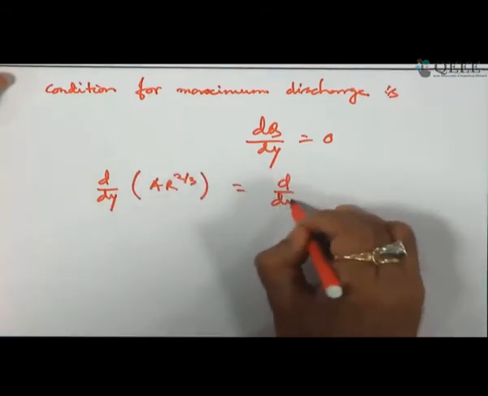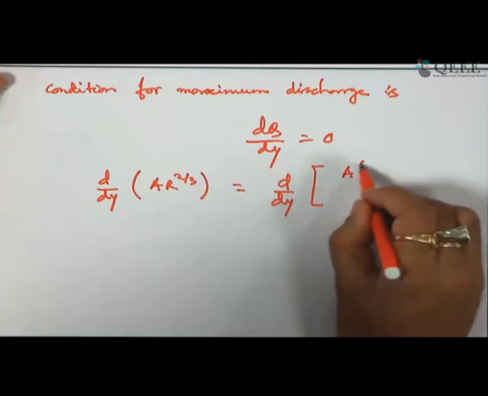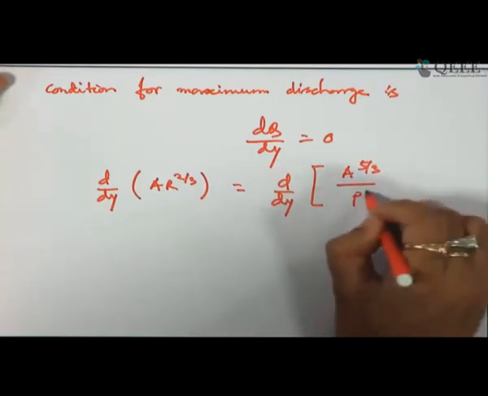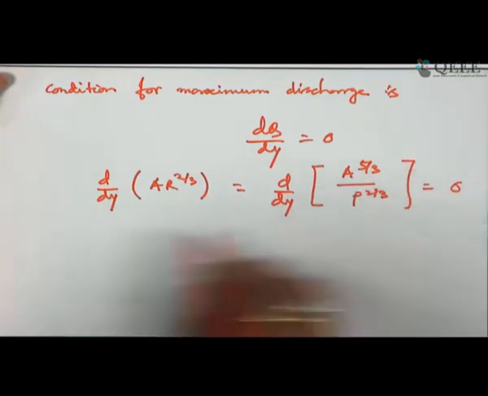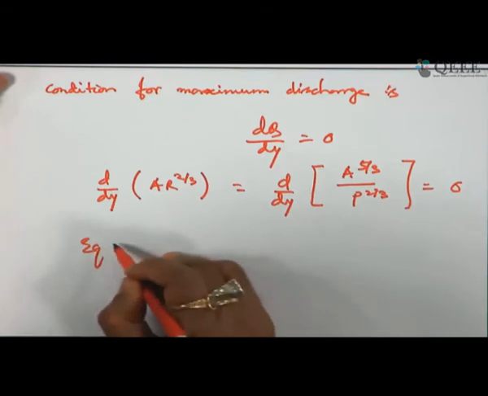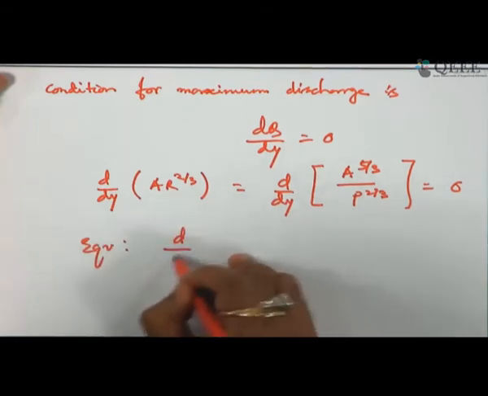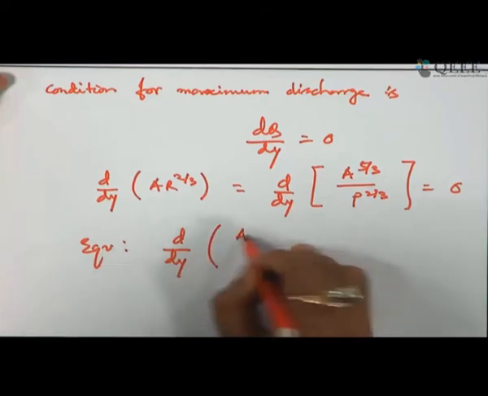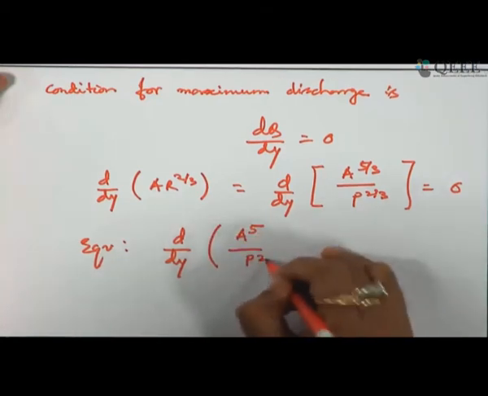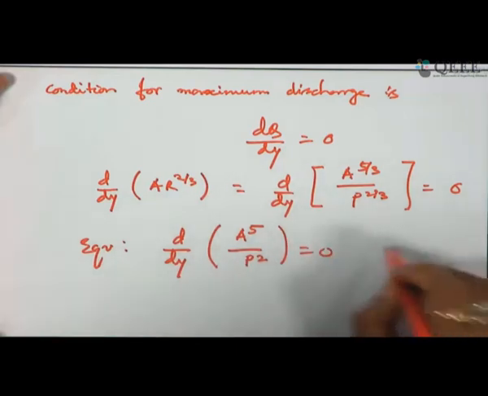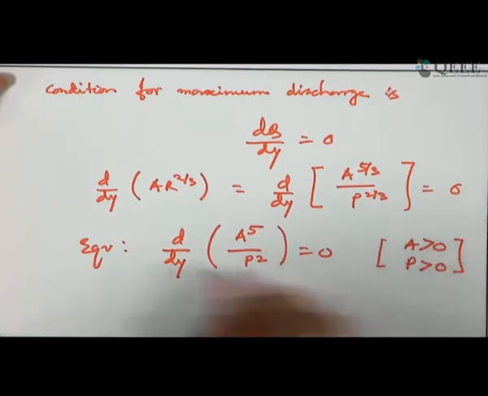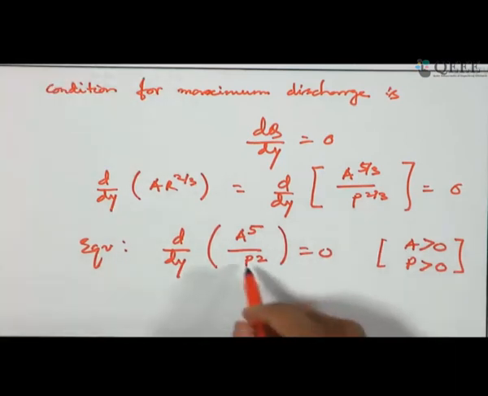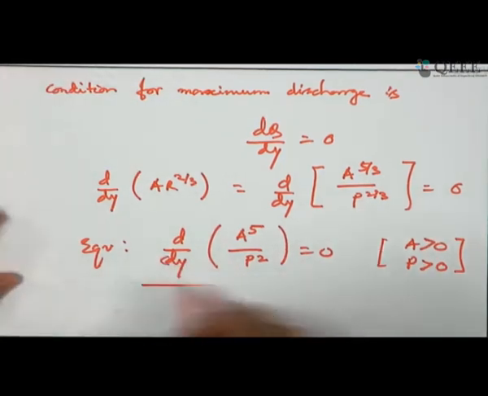This is equivalent to d by dy of A to the power 5 by P square, provided that in this case we have A and P greater than 0. That is why we can write it in terms of this equivalent form.